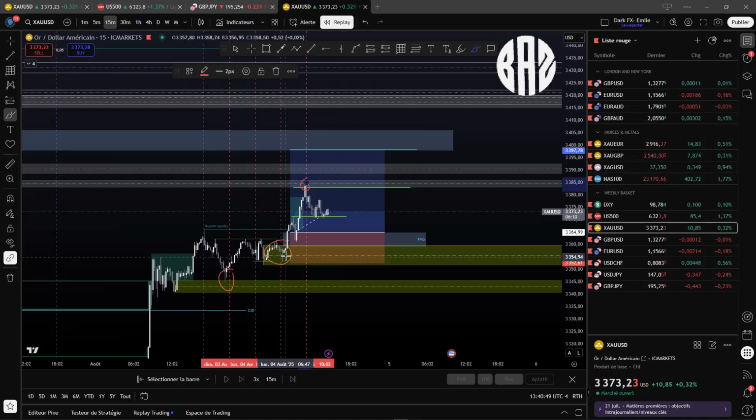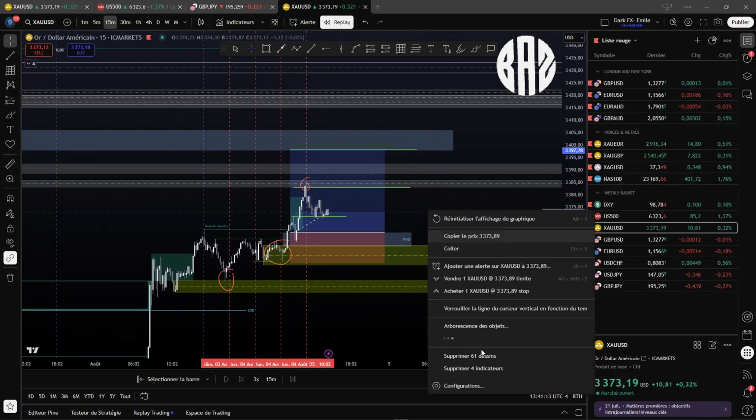I showed you this because next time on Wednesday, I'm going to teach you how to take entries without the BAZ indicator. And then when you activate the BAZ indicator, it will be easier for you. You will make fewer mistakes because the BAZ indicator is already marking the valid levels.